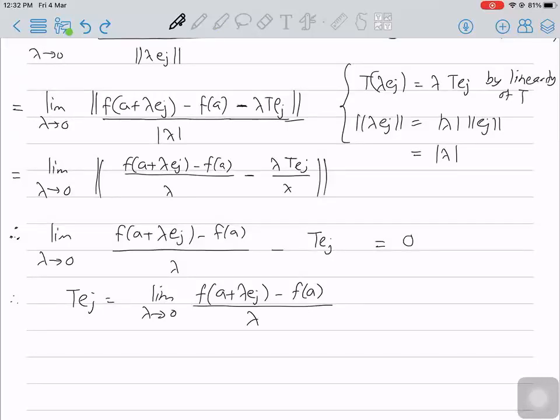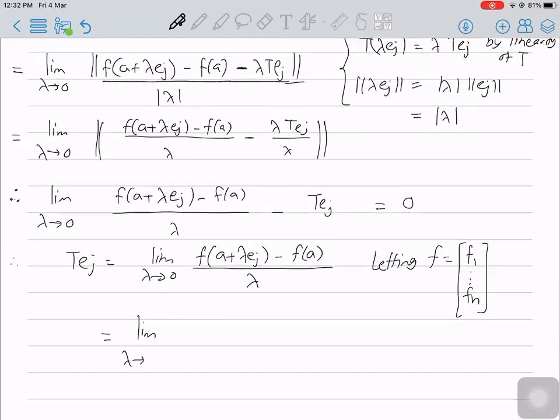Remember that f itself is, letting f equal f1 up to fn, then this is really just equal to, let's write this down, the limit as lambda approaches 0 of the vector f1 of a plus lambda e_j, f2 of a plus lambda e_j, up to fn of a plus lambda e_j.